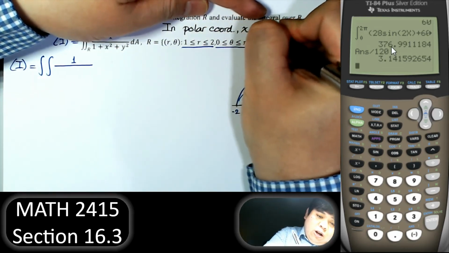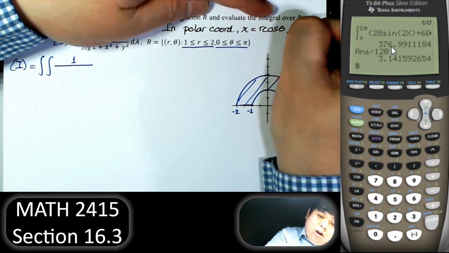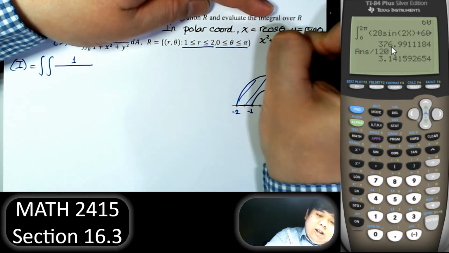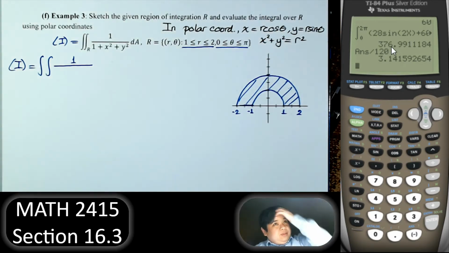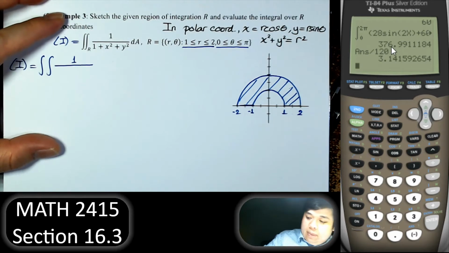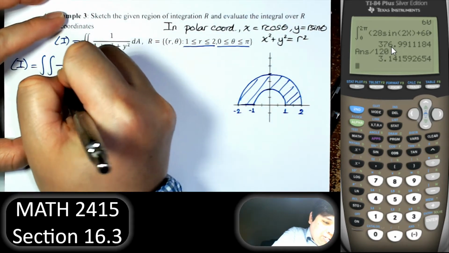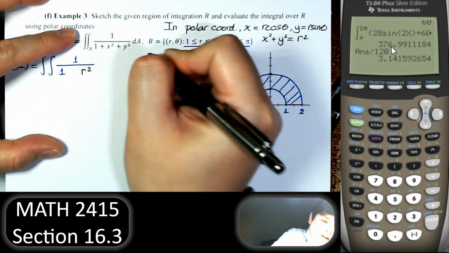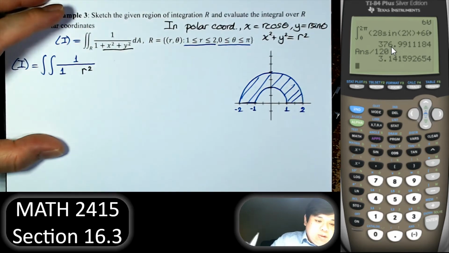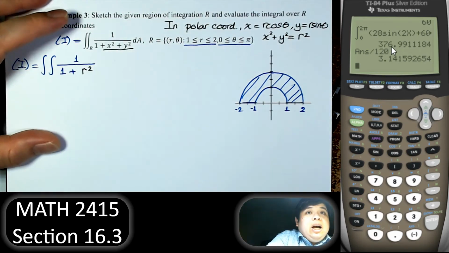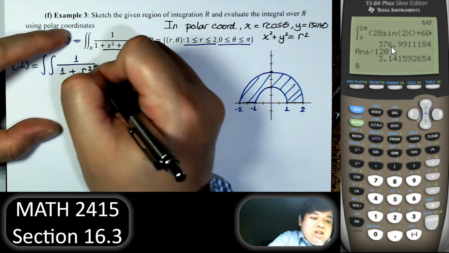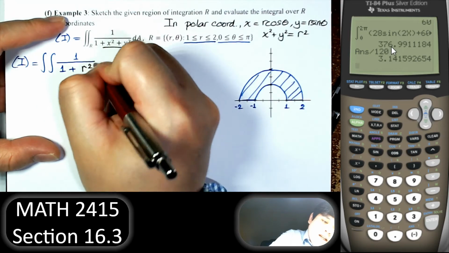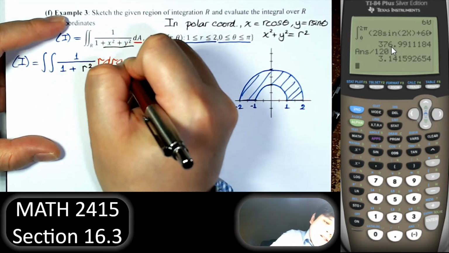So r squared for x squared plus y squared. So that's actually kind of bad if we have to integrate like this, if we just have dr d theta. But remember, dA is going to be r dr d theta.